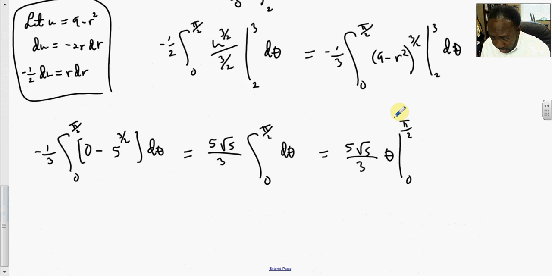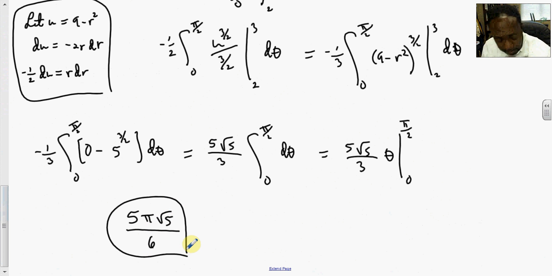And so our result is 5 pi times the square root of 5 divided by 3 times 2, or 6. So we get 5 pi times the square root of 5 all over 6.